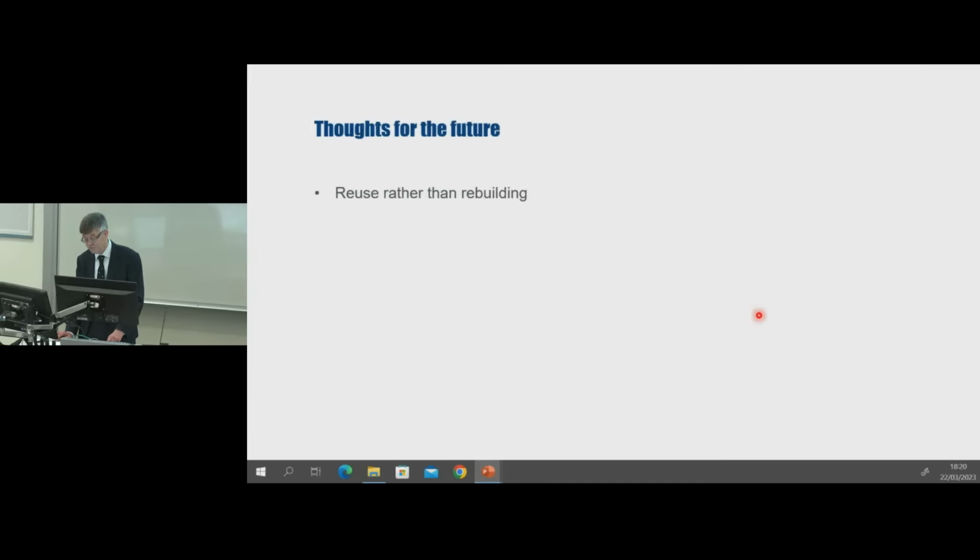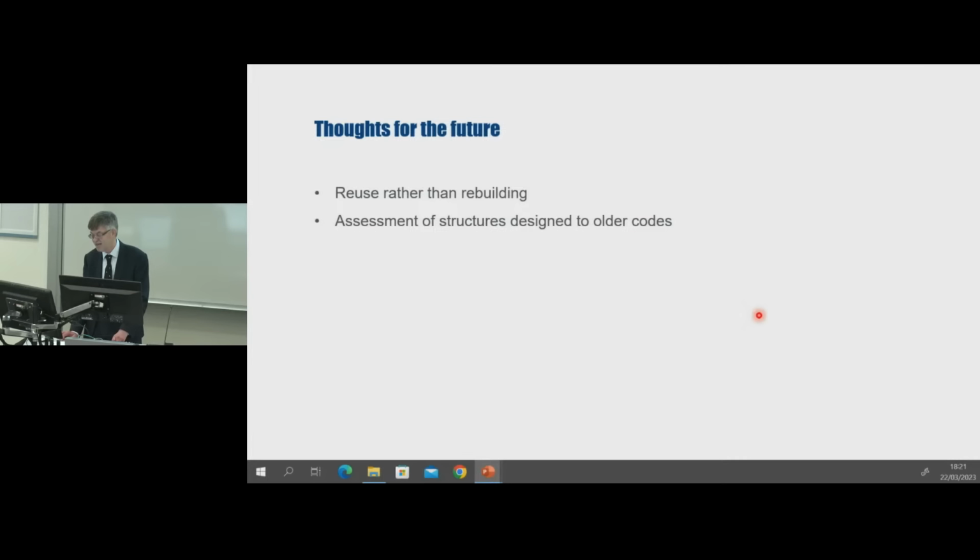A few thoughts for the future. So first, reusing rather than building new structures will increasingly become the bread and butter of structural engineers. This presents many challenges, the first of which is assessment of structures designed to older codes using current design guidance.